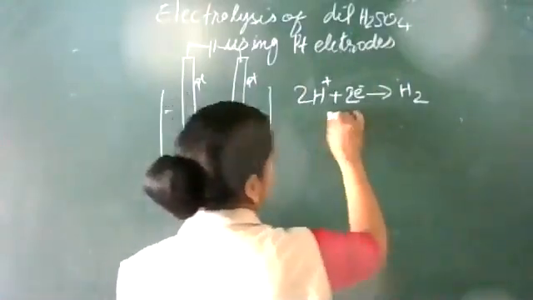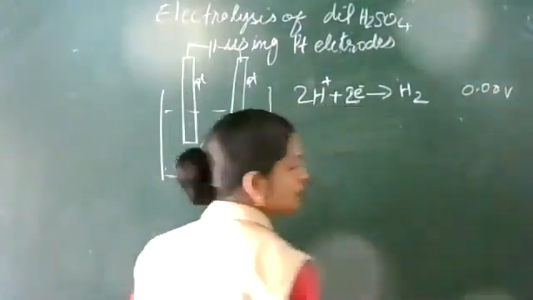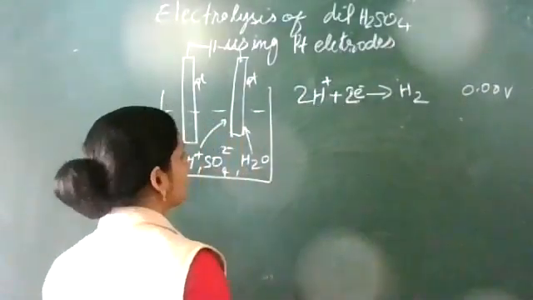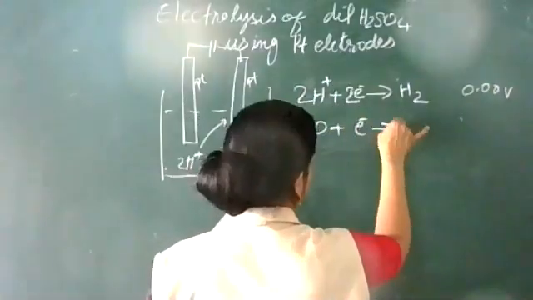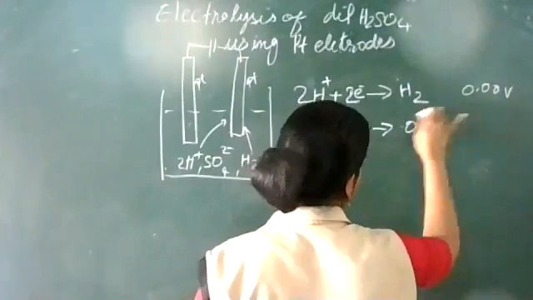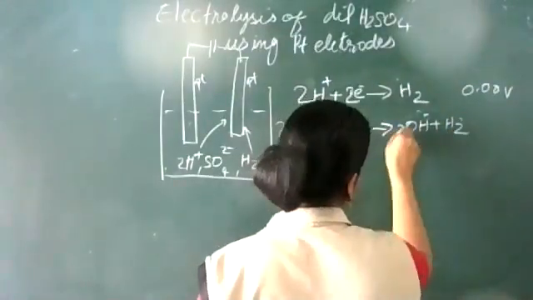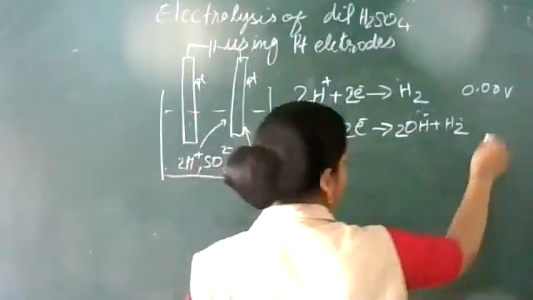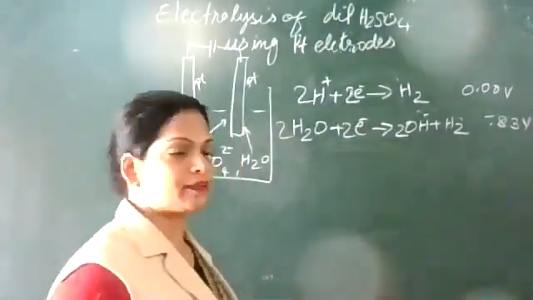Then water can also be reduced, producing base and hydrogen, with a reduction potential of minus 0.83 volt.